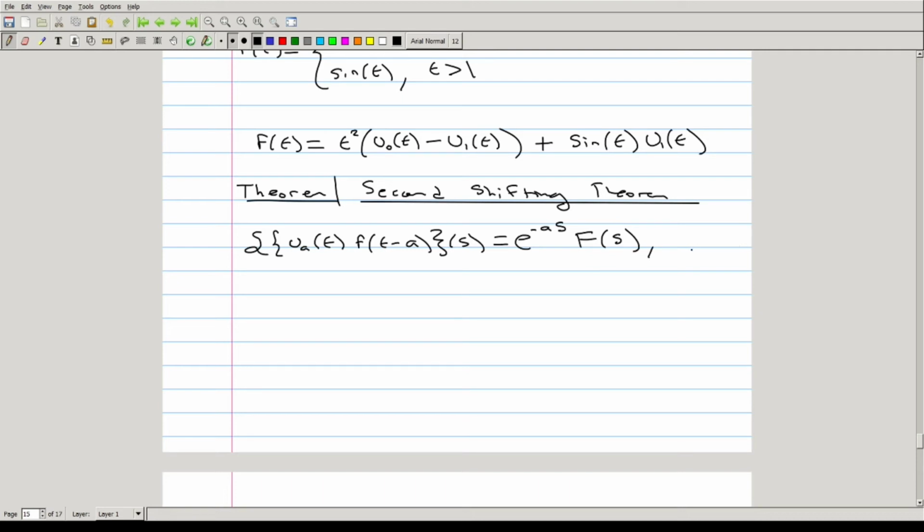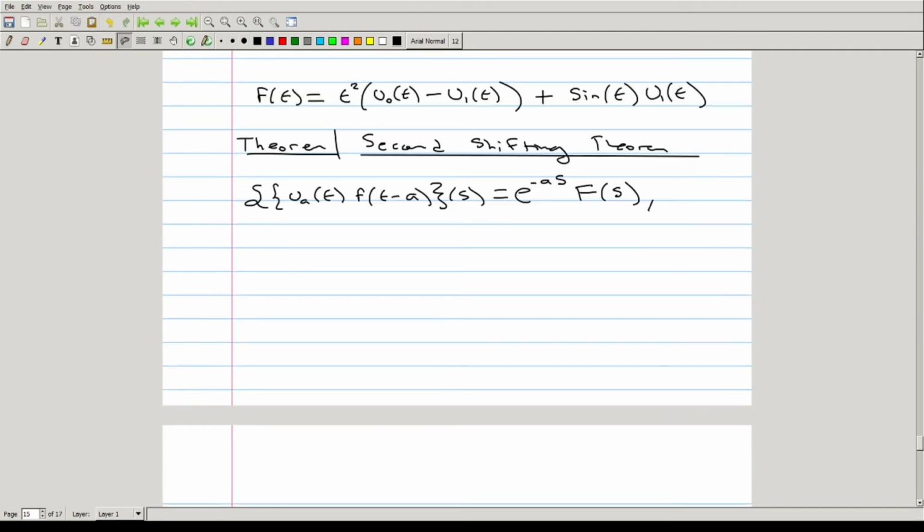This is valid whenever a is greater than 0.